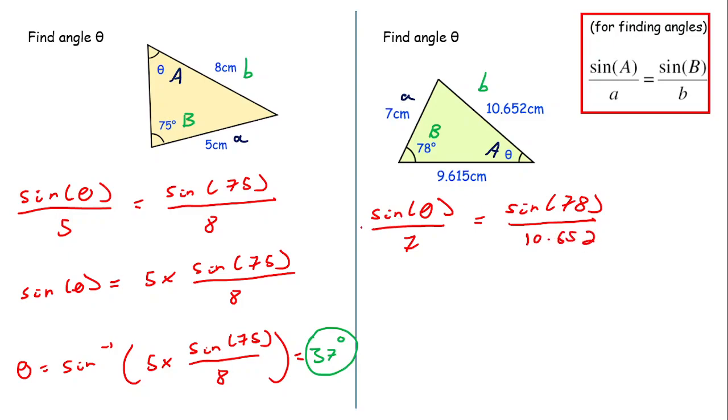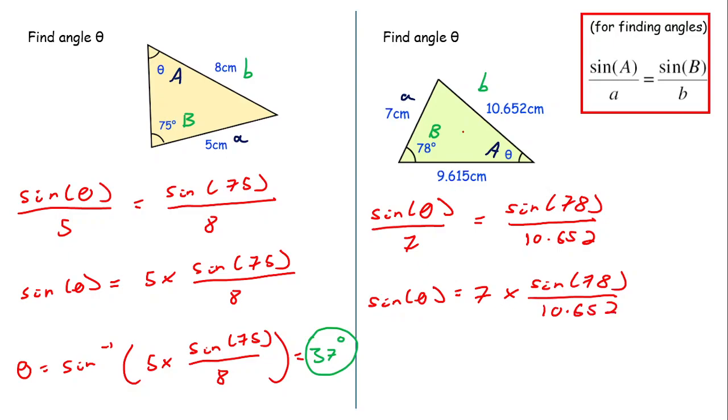Again, I've got to get rid of that dividing through by 7, so times through by 7 to get sine of my angle theta is equal to 7 multiplied through by sine 78 over 10.652.